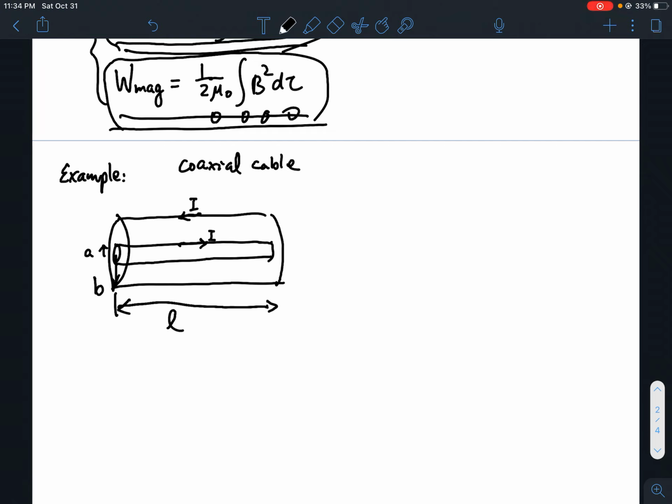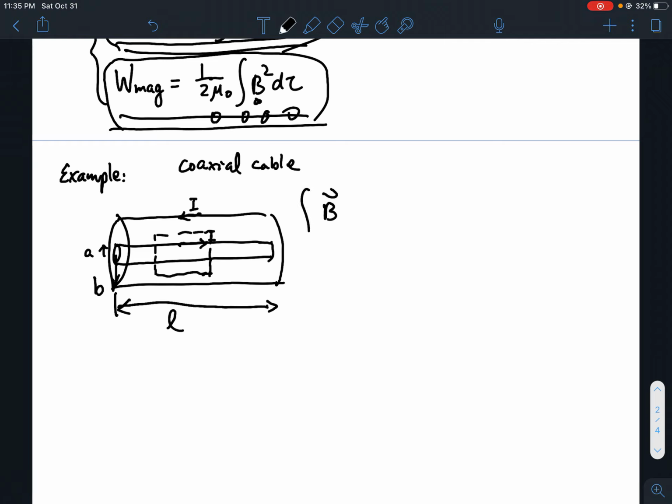So what we really need to do is find out the magnetic field. The way to do that, of course, is we can define an Ampere loop, and we can use Ampere's law, and we can find the field.